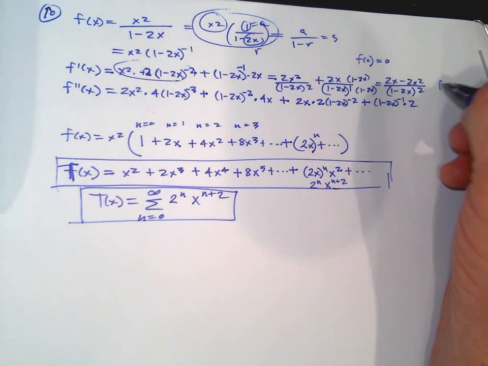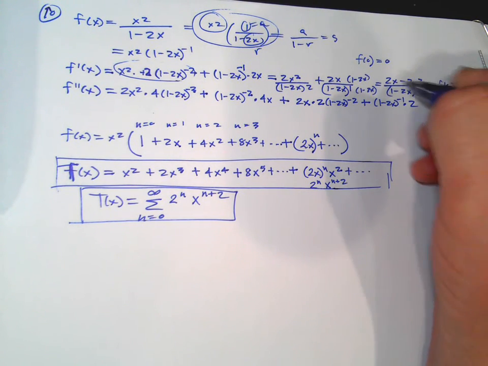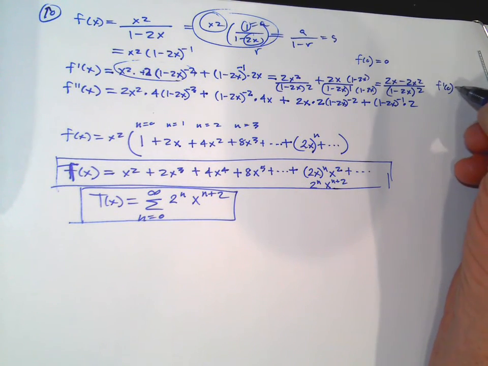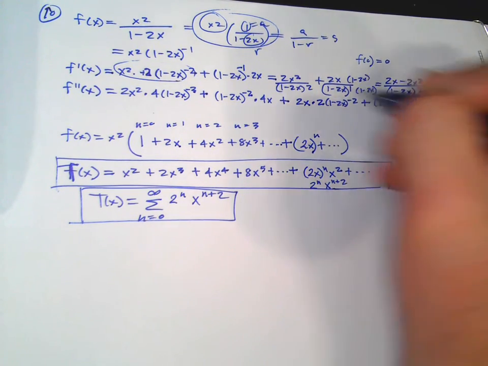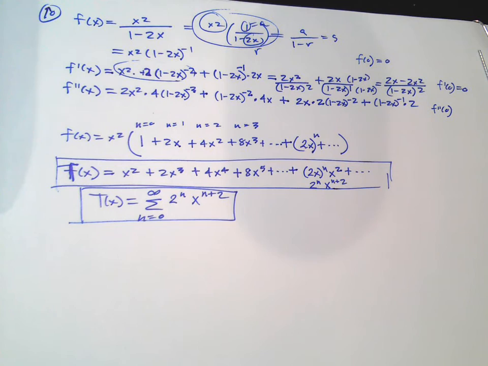F prime is 0. F double prime is 0. And then you've got to find several more derivatives to establish a pattern. So I think I'm going to go with what I have written here.